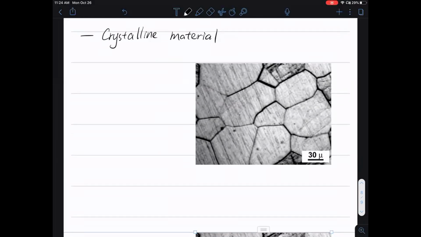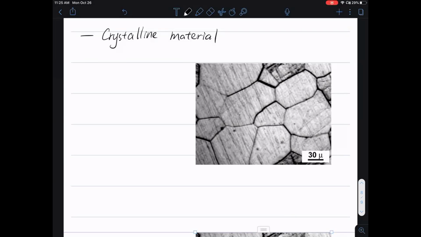Okay, if you look at the screen here, I have a picture of crystalline material. Can you see that? So one question as a review, what are the lines in between the blocks? What's that called? Grain boundaries. Yes, that's the most important thing for engineers. So each grain, we have more than 10 grains probably inside.